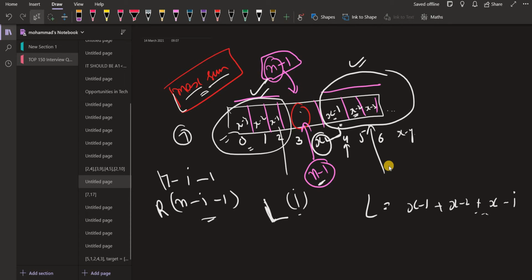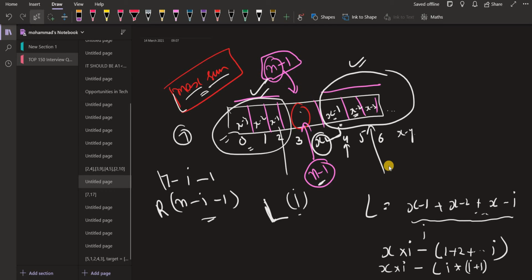How many terms are there in total? In total there are I terms. So x into I minus 1 plus 2 plus so on till I. This will be equal to x into I minus I into I plus 1 divided by 2. So this is for the left hand side.